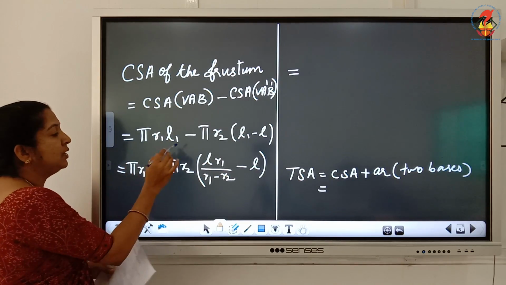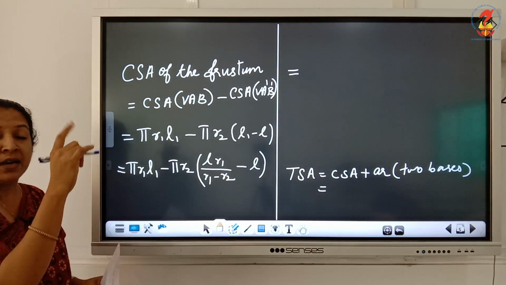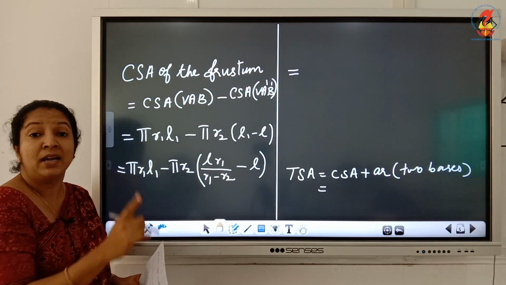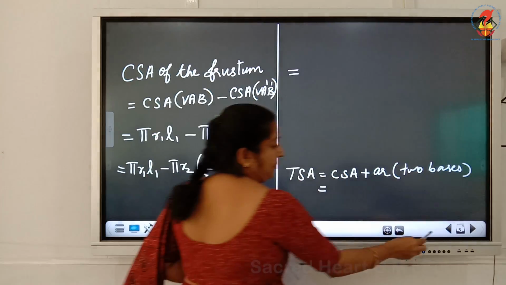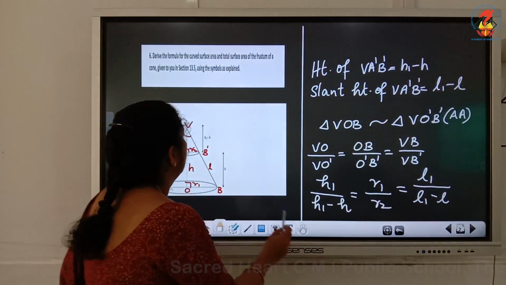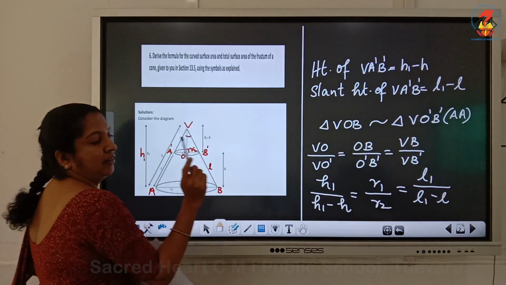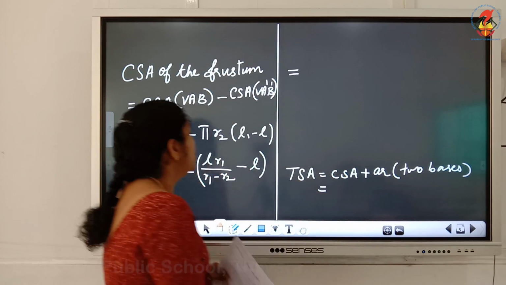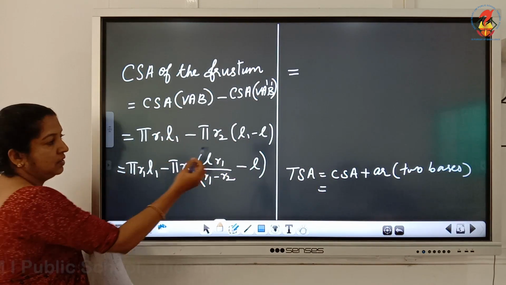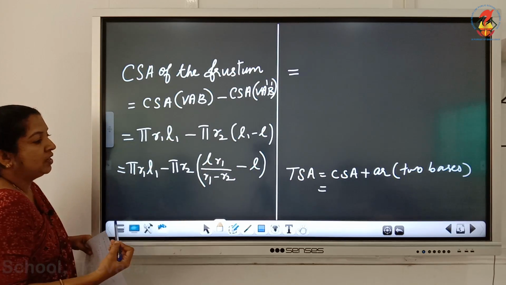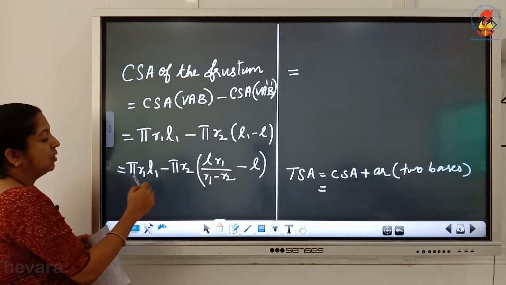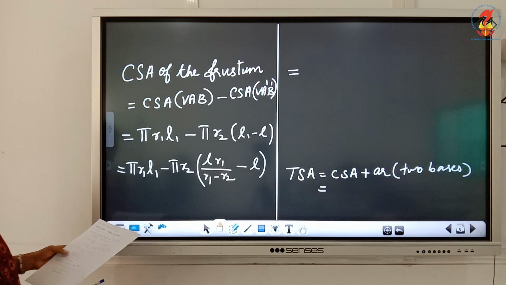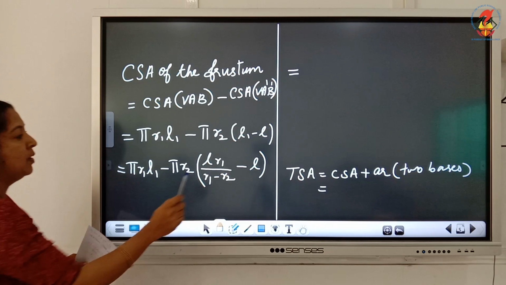So pi R1 L1 minus pi R2 into, it's not L2, it is L1 minus L. So instead of L1 minus L, what we can use? Pi R1 L1 minus pi R2 into LR1 divided by R1 minus R2 minus L.